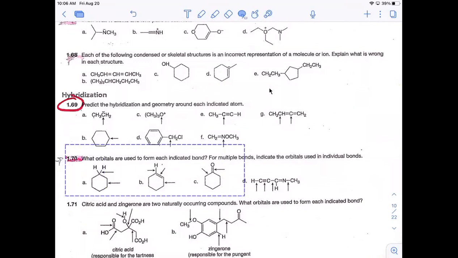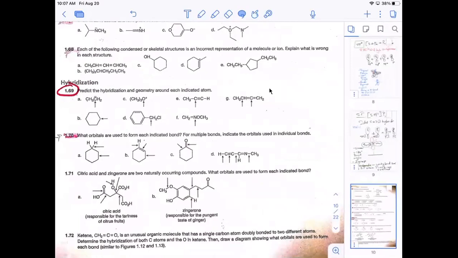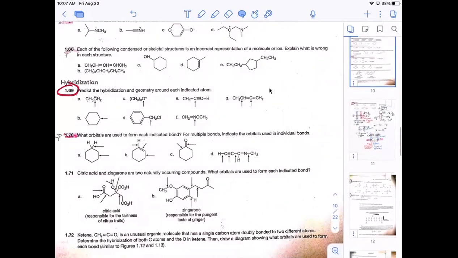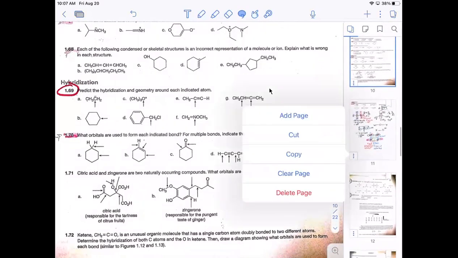The problems that we need to work, are they going to be the ones that you have had highlighted? Yeah, we don't have time for every single one of these. So the ones that we pick out, those are the ones we're working, and those will be the ones you turn in. Great question. For instance, 169, when we did that one the other day, we just did A, C, E, and G. Would we finish B, D, and F?